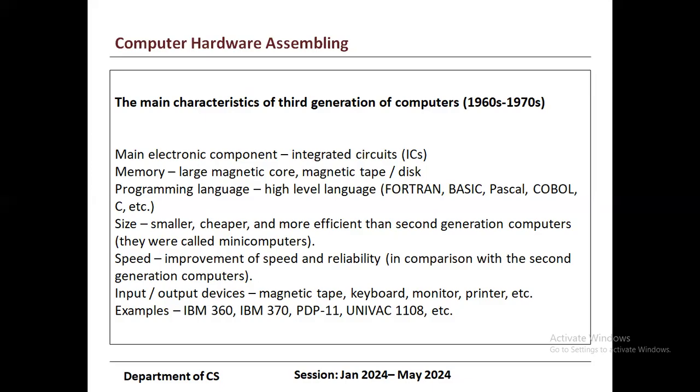The third generation was much faster than previous generations, with computational times reduced from microseconds to nanoseconds. New input devices like the mouse and keyboard were introduced, replacing older methods like punch cards. Moreover, new functionalities like multi-programming and time sharing were also developed in this generation. Furthermore, remote processing was introduced, allowing more efficient use of computer resources.